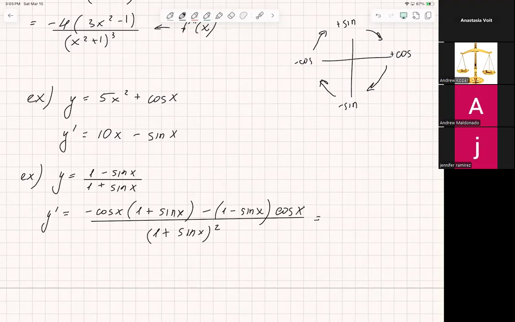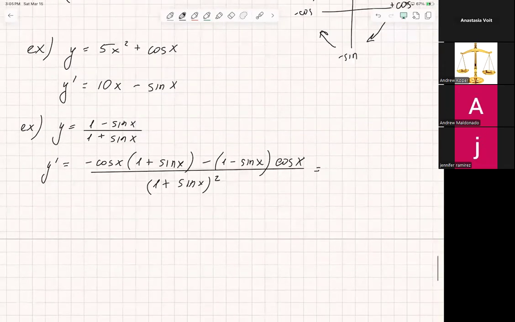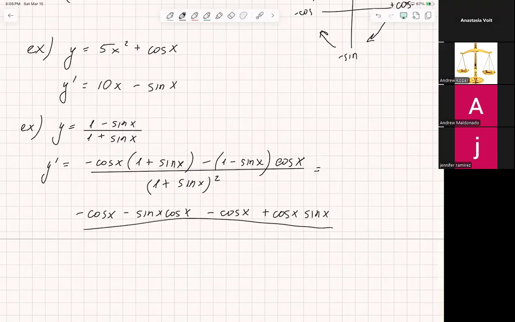Okay. Now let's just simplify it. We have negative cosine x minus sine x cosine x minus cosine x plus cosine x sine x, divided by 1 plus sine x squared.